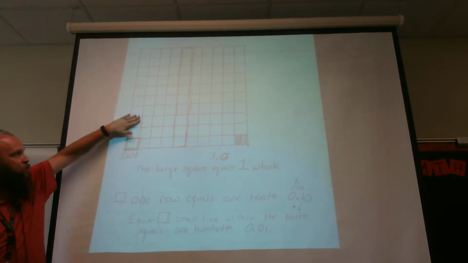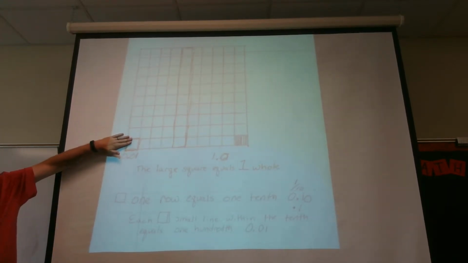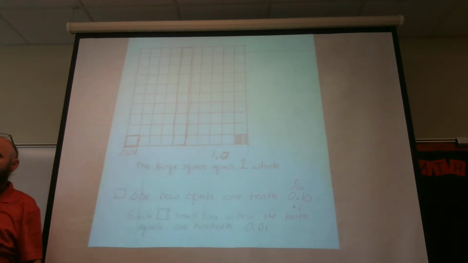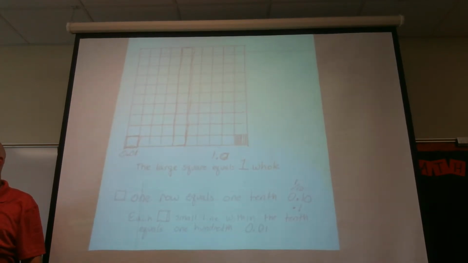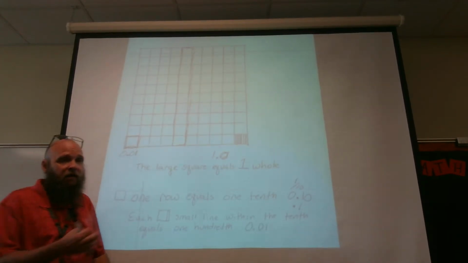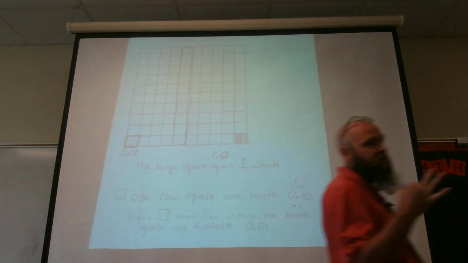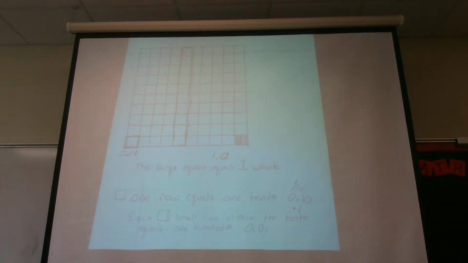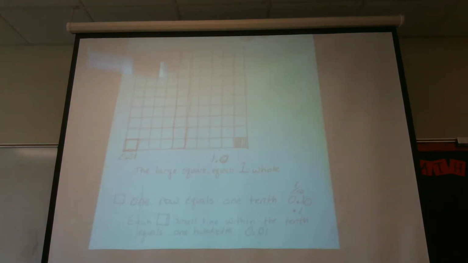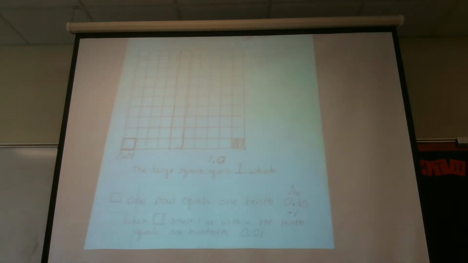If 4 of these were shaded in, that would be 400ths, or 0.04. How would I make 3/10ths? Yes, ma'am. Shading in 3 rows. If I shaded in 3 of these, that would be 3/10ths.